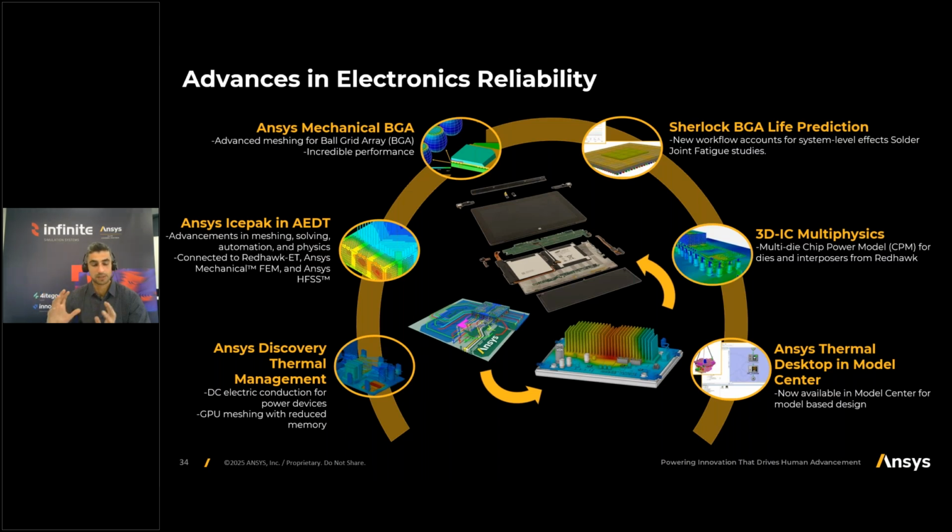This is something that can be done completely virtually. And here you see all the different domains of how the workflow can look like, to include thermal cycling, for example, vibrations, lifetime expectancy, and statistical analysis, and how Ansys Sherlock can be used for that, also in combination with some of the other tools like Mechanical, like iSpec.